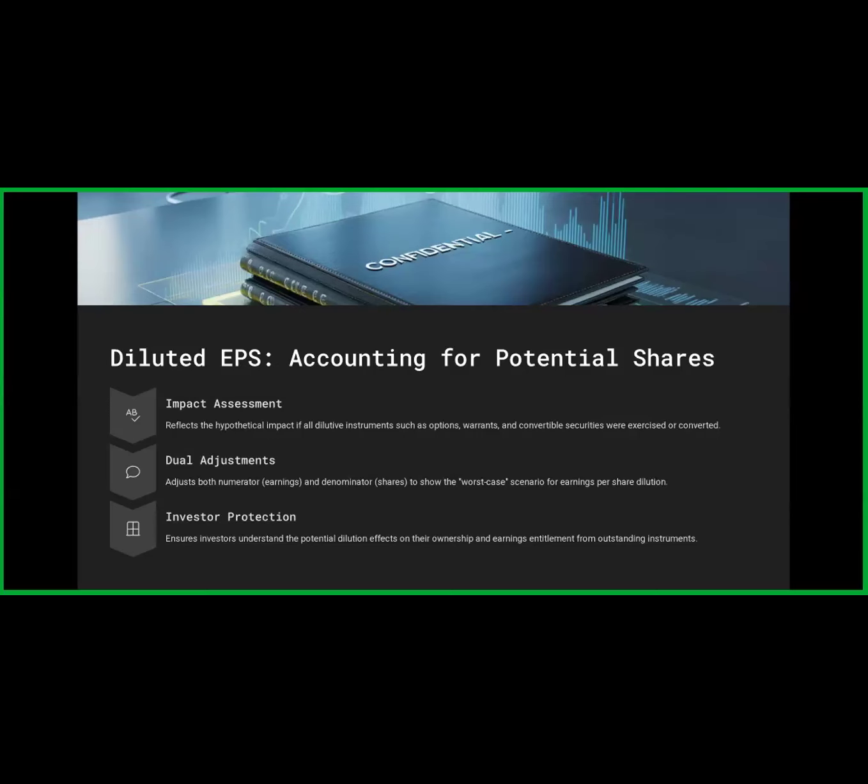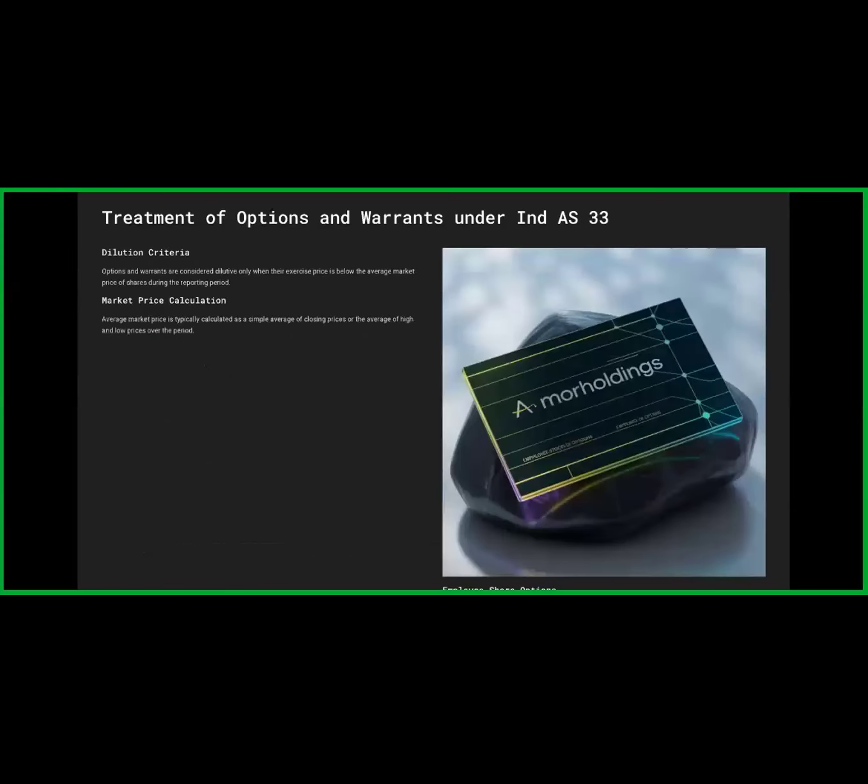So what is the dual adjustment? Both the numerator, the earning, that is the net profit, and the number of shares in the denominator need to be adjusted, and then we calculate the earning per share. So the value we get is decreased as compared to the basic earning per share.